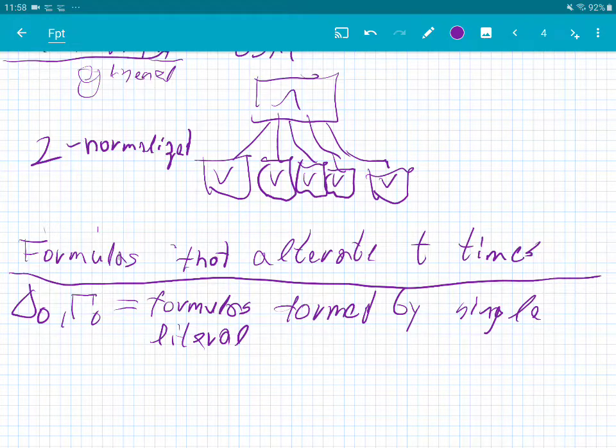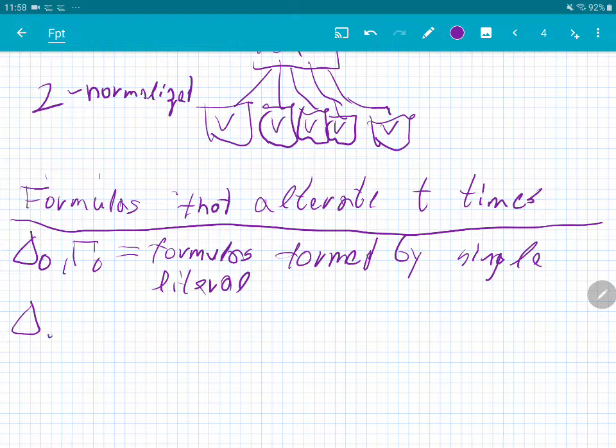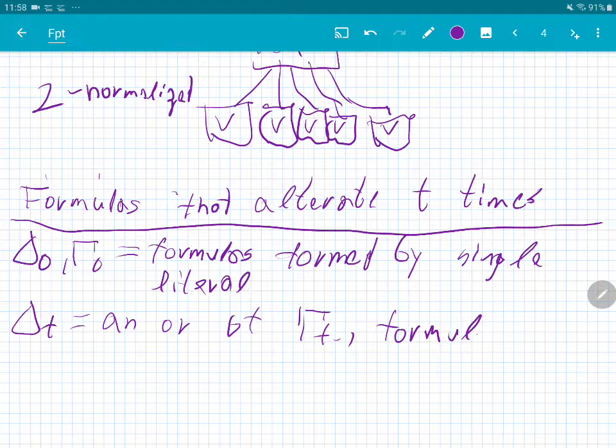And now you get the natural thing. Delta t is going to be an OR of gamma t minus 1 formulas, right?